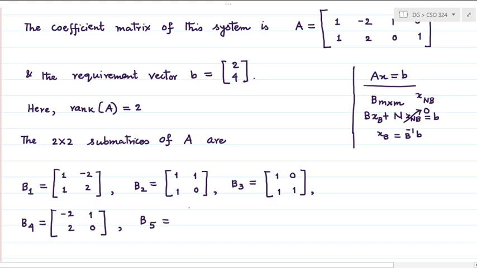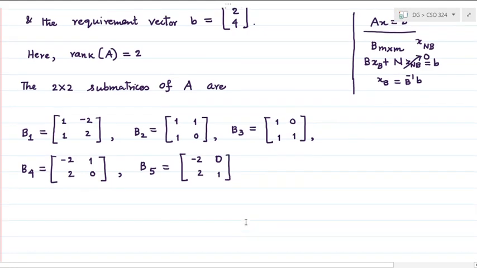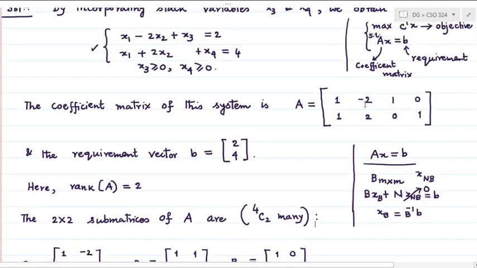B5 is the second column with the fourth column, and the last matrix B6 is the third column with the fourth column. So these are 6 matrices, 4 choose 2 many, because out of the 4 columns of A, the ways you can choose 2 columns is 4C2.